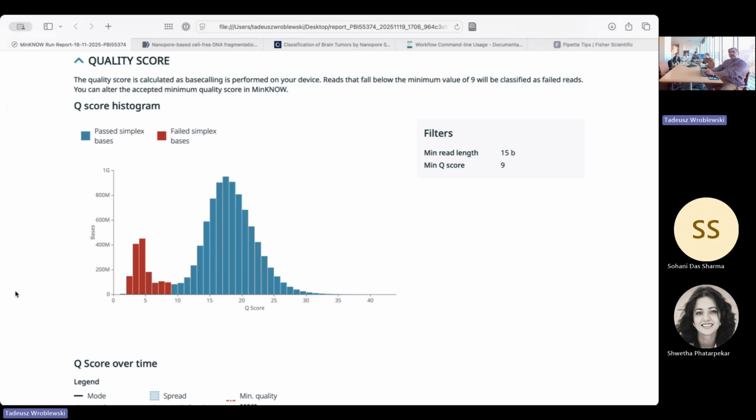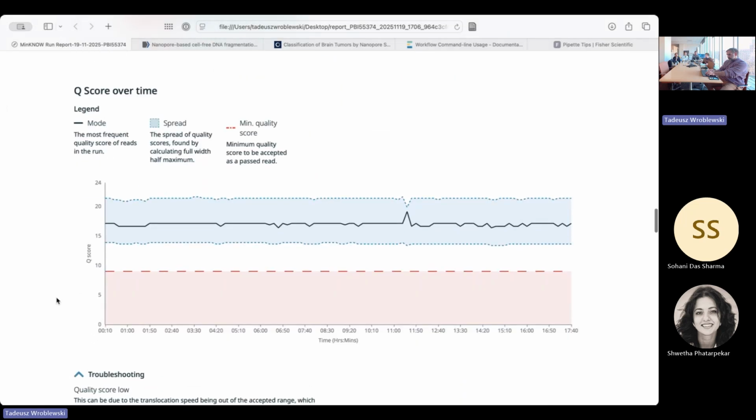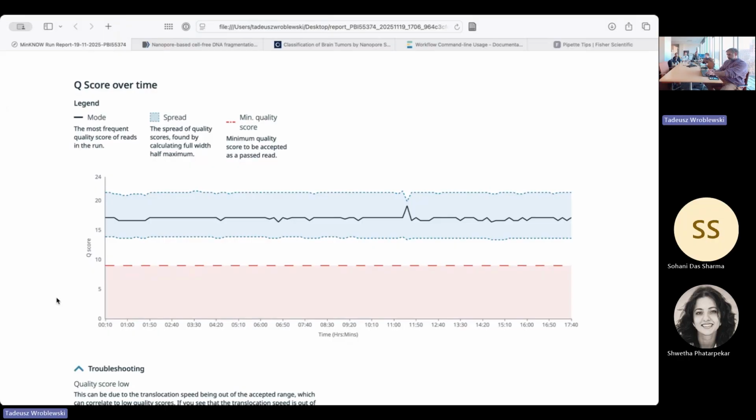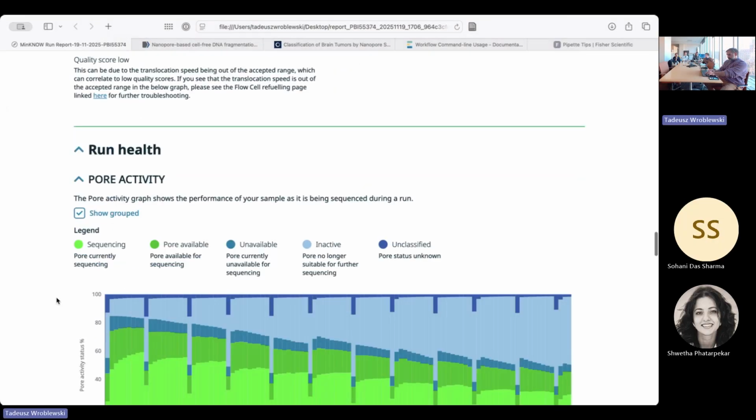The Q-score histogram also tells us the median Q-score we are getting. I think it is very comparable to what we see in cfDNA. So I think it's good. This is good, all stable. The Q-score once again, there is no drop or anything.